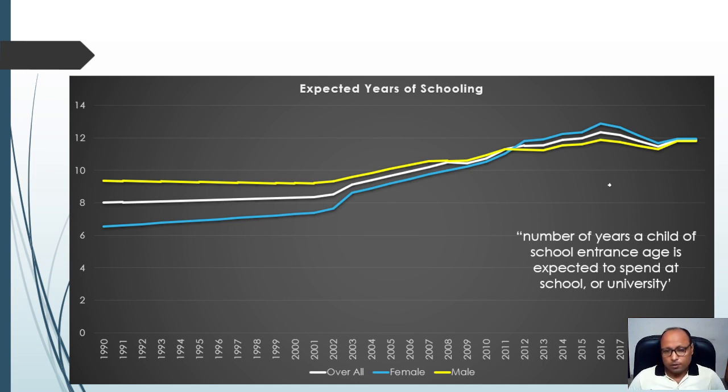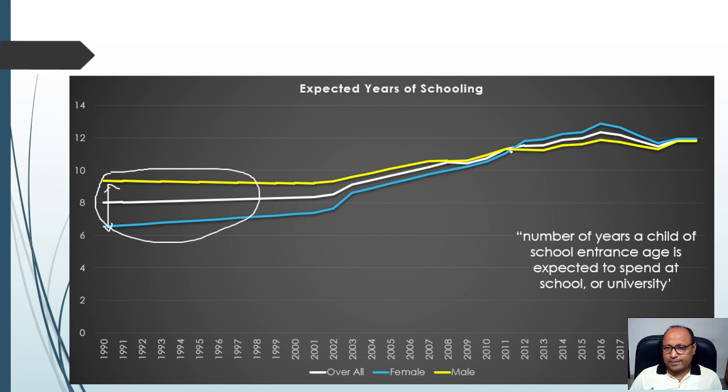And here, if you look, this yellow line is for male, the white one is for female, but the striking feature is that in the initial phase, the gap between male and female was very wide. Expected years of schooling for female was much lower than that of male. There was a huge difference. But over a period of time, this gap has been reducing.